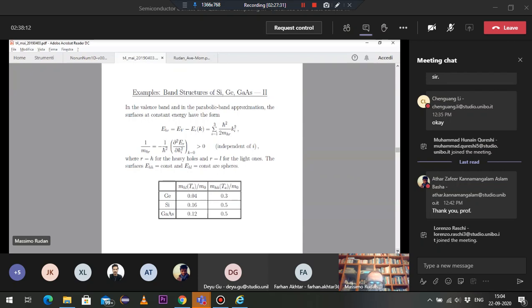Okay. So the E of K relation that is defined in the first Brillouin zone will be deformed by this contraction. And so the curvature will change, and the curvature is the inverse of the mass. So the effective masses depend on temperature. However, this dependence is very, very small. So in the majority of cases, it can be neglected without any problem.